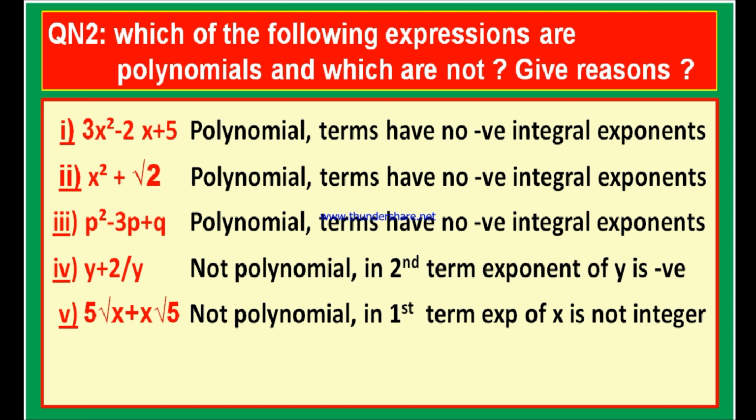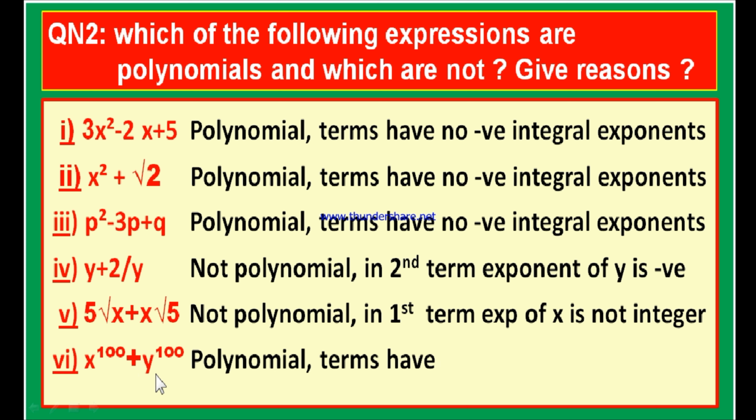And this set of positive integers does not include 1 by 2. 1 by 2 is not a part of the integers. Therefore, since the exponent of this variable is not an integer, it is not a polynomial. It is not a polynomial because in the first term, the exponent of x is not an integer.